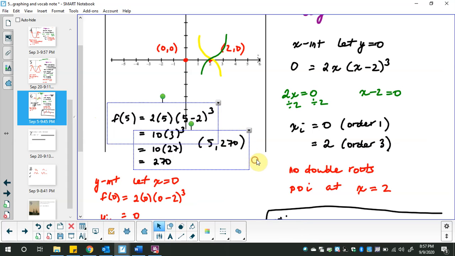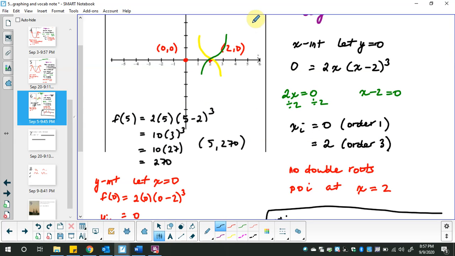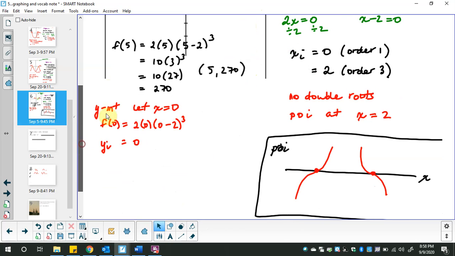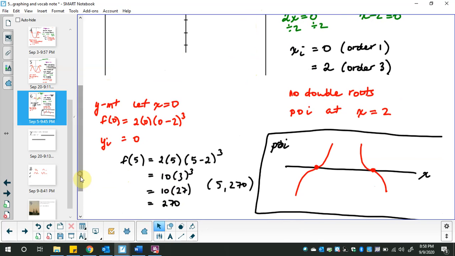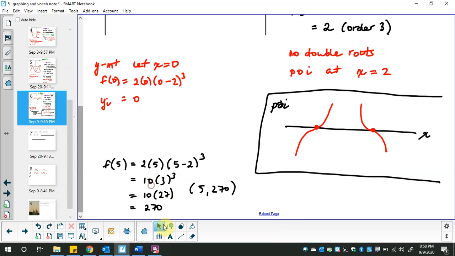I actually don't care that it's 5, 270. I just care that it's 5, something positive, because that means I'm heading up there and not down here. So I just group that together, and I'm going to title that something crazy imaginative like extra info.